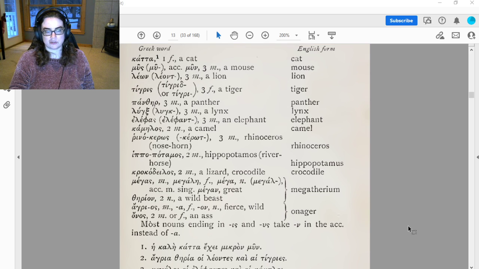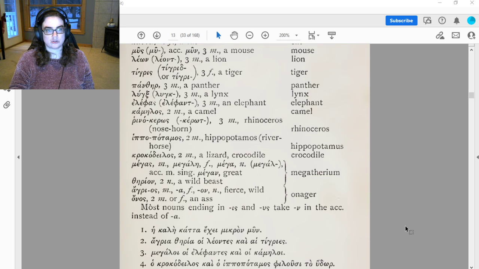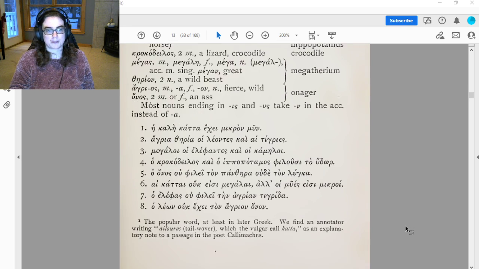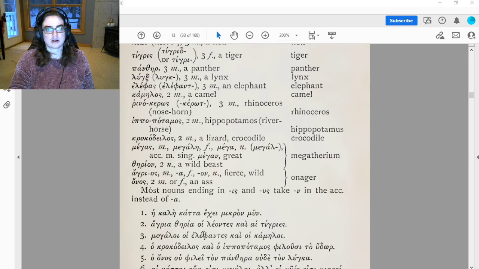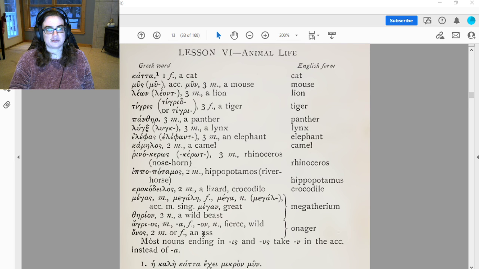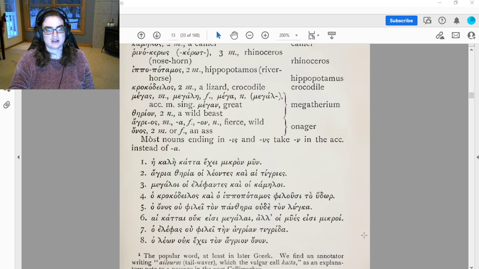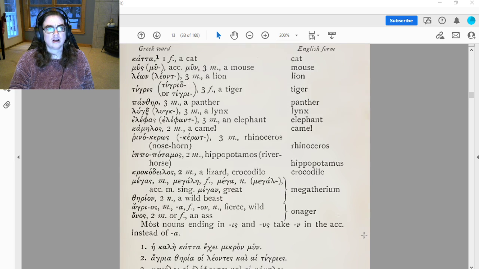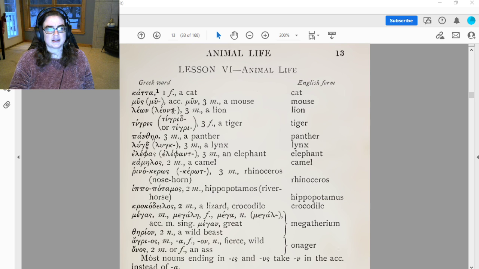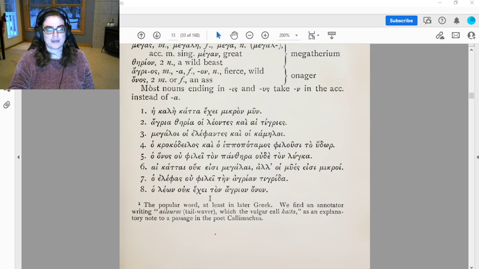And since we're not even really focusing that much on how to form endings, we won't. Popular word, at least in later Greek. Set a footnote for something we haven't seen yet? Oh, kata. Popular word in later Greek.